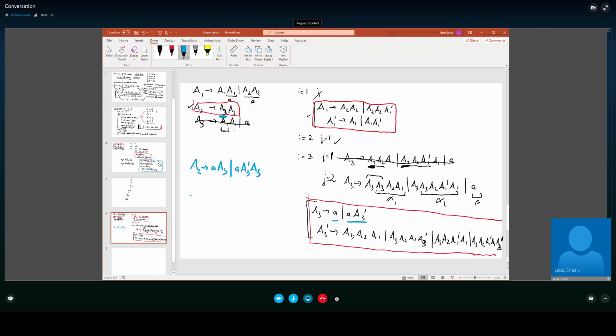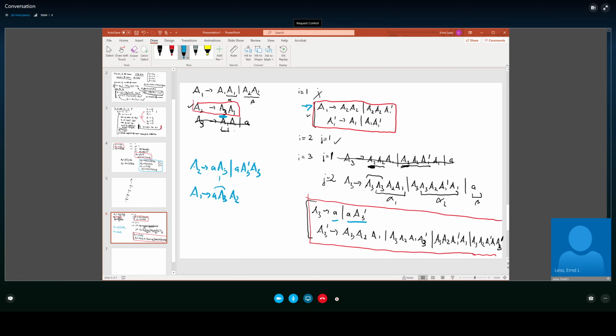And then we do the A1, which means this is where we're looking. So we have the A2, so we basically now get 4 A1 productions. For that A2, we're replacing it by this. So this is A3, A2. So this is this, and then we replace this here, and then we replace the A2 by that.